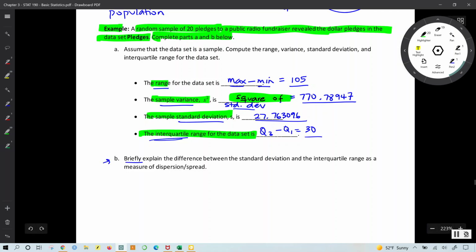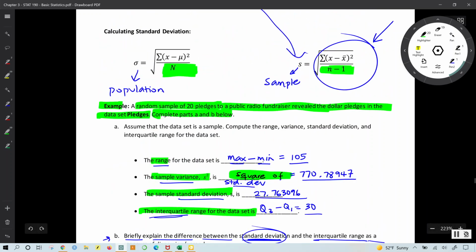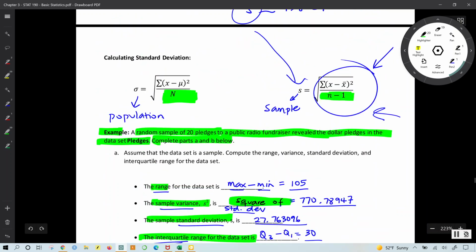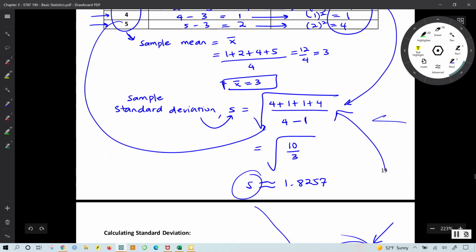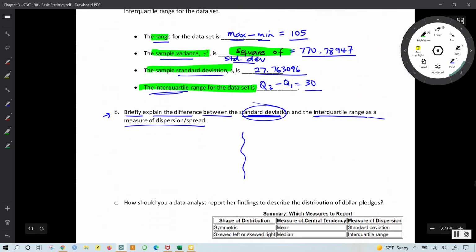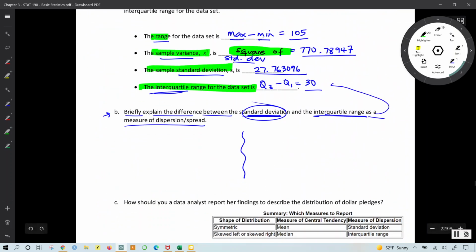Question B. Briefly explain the difference between the standard deviation and the interquartile range as a measure of dispersion or spread. Besides the formula difference, so your standard deviation, we saw the formula for that earlier, and we also saw all of the sequence of steps to compute the standard deviation earlier. We also have that the interquartile range is computed as the upper quartile, Q3 minus Q1.